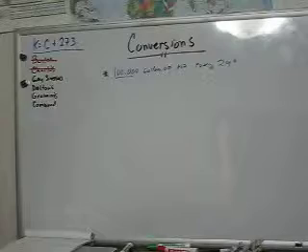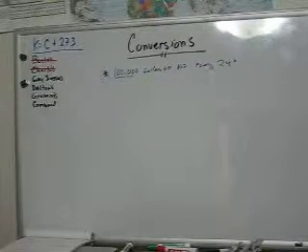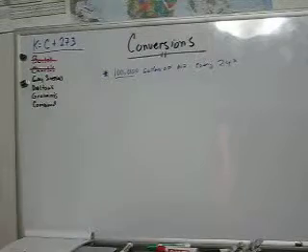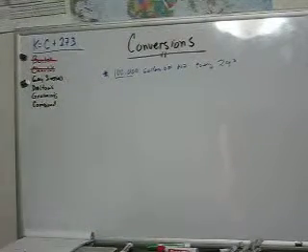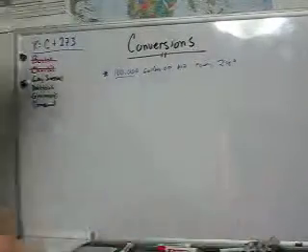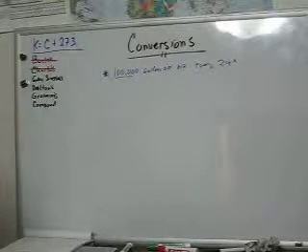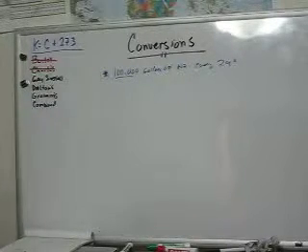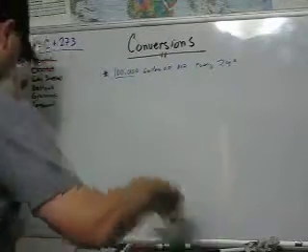What I'm going to do is stick with the same theme from the last video. This 100,000 gallons of water comes to your treatment plant per day, and I want to work through a few more conversions so we can get a handle on what questions are asking and what factors we need to use. I would absolutely recommend that you go through your book and find these really common conversion factors.